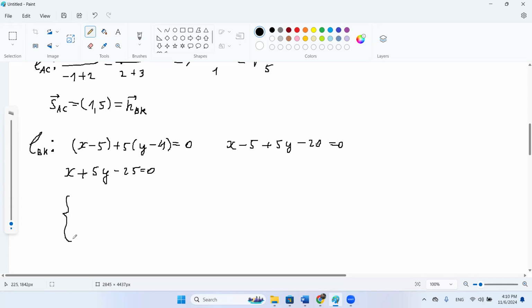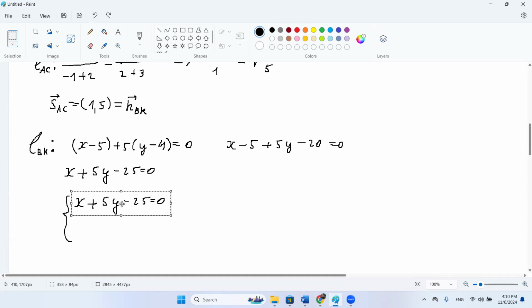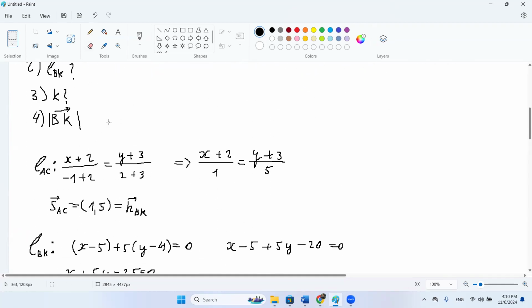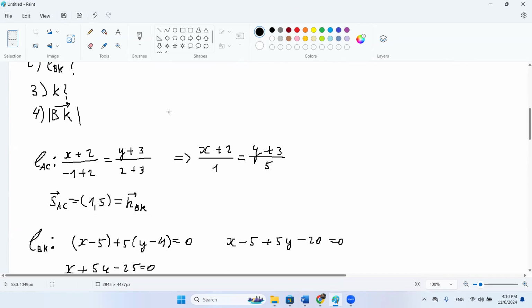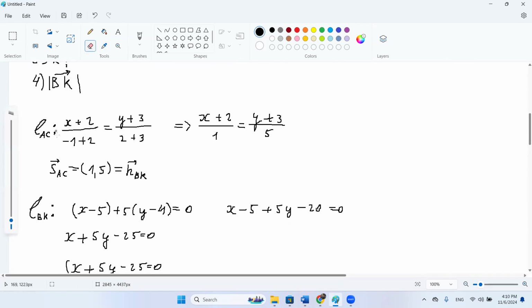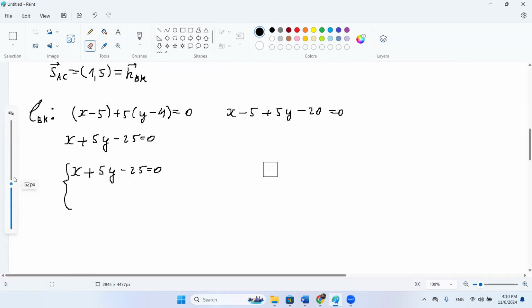So let's solve the system of equations. So this equation, oh, that's not everything. We also need to rewrite the equation of AC in general form.